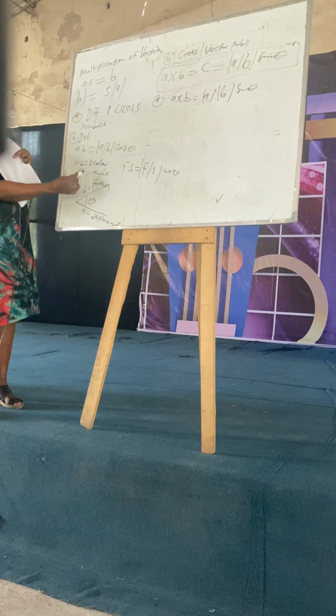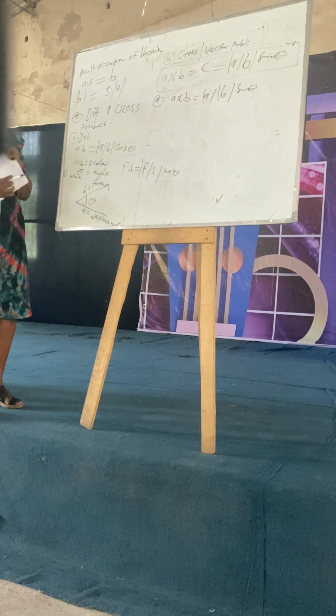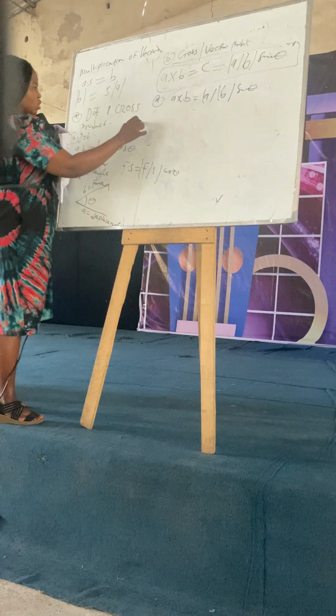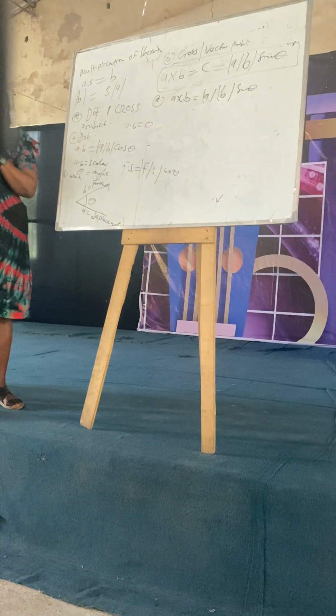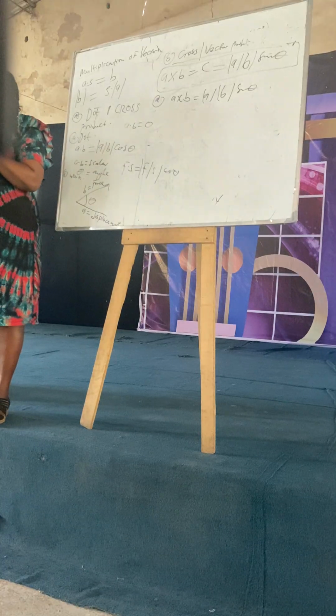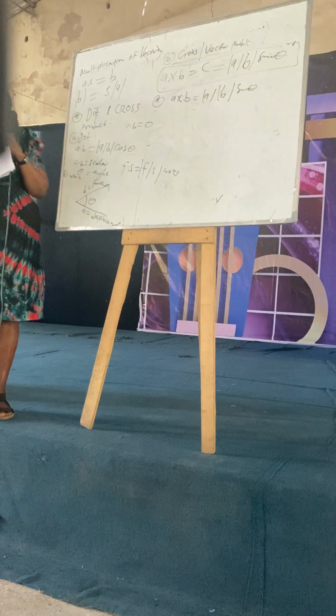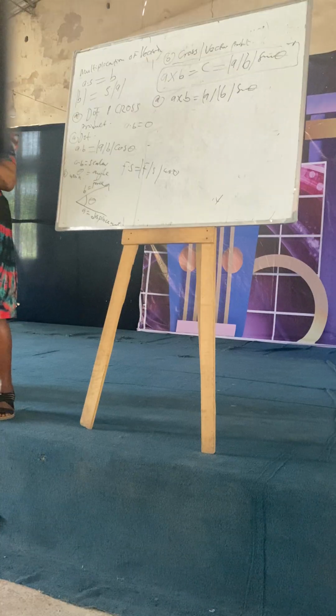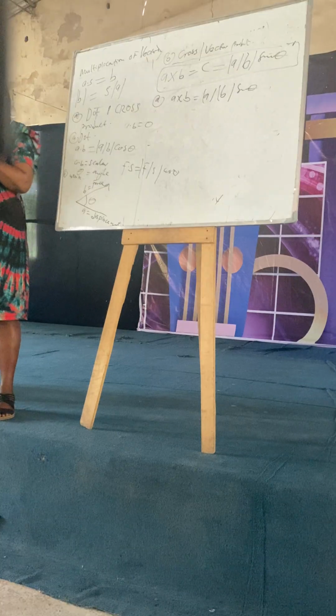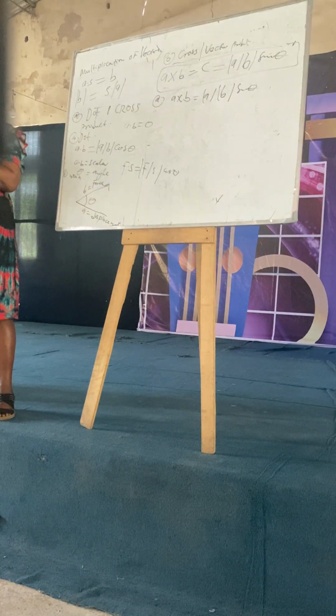If A dot B is equal to 0, what does it mean? That the two vectors are inclined at what? 90 degrees, right? That means that cos 90 is 0. Now take note, under cross product, you can only have 0 when A and B are parallel to each other.